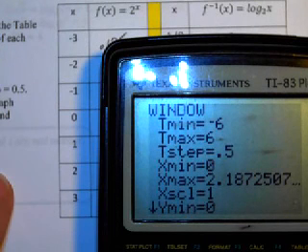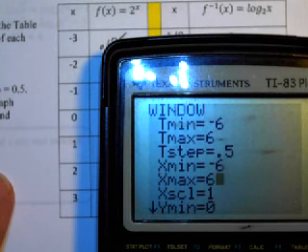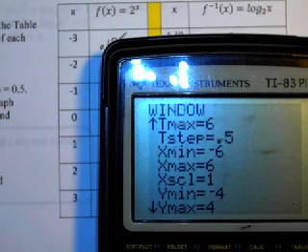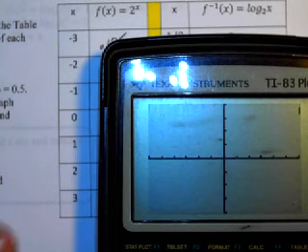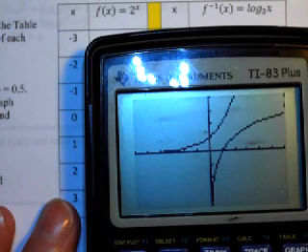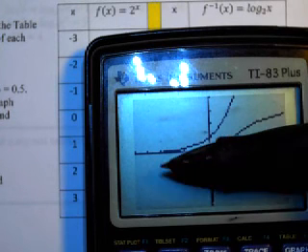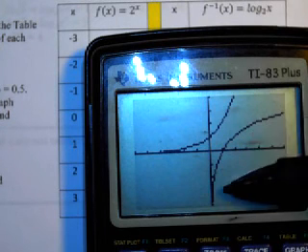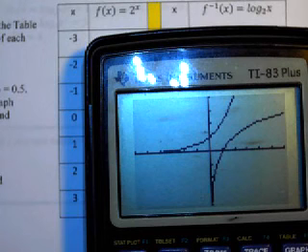The x should be -6 and 6. And the y should be -4 and 4. And then we can graph that. And there you see that here we have the exponential and here we have the logarithmic. Okay? And that's all they wanted you to see, is those two.